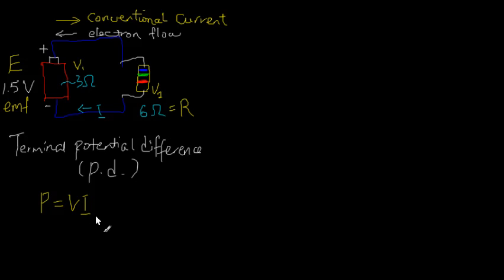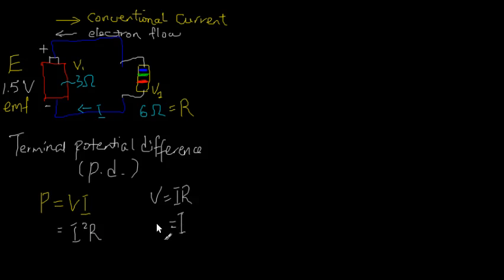Then, if we make use of Ohm's law, that V is equal to IR, I can write this in another form. If I substitute IR into the V here, I get I squared R. Or I can also make I the subject.